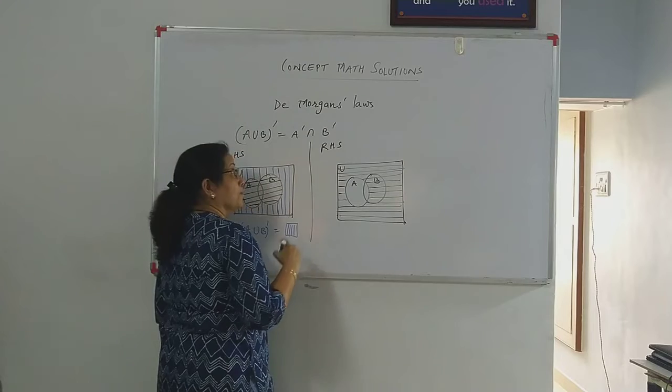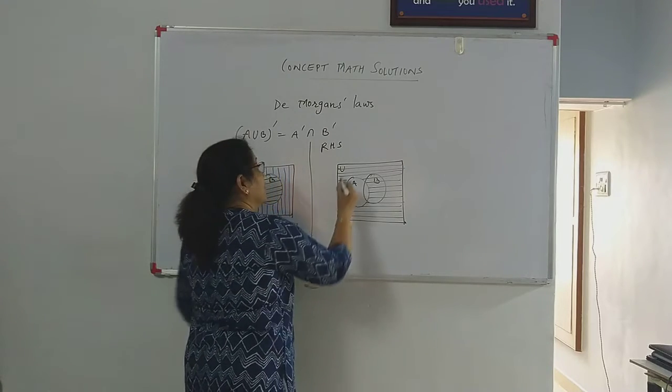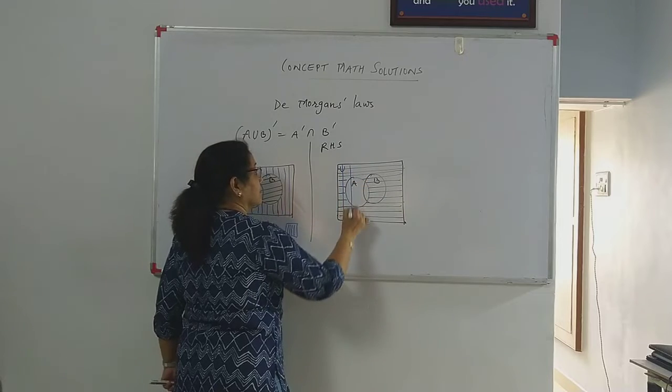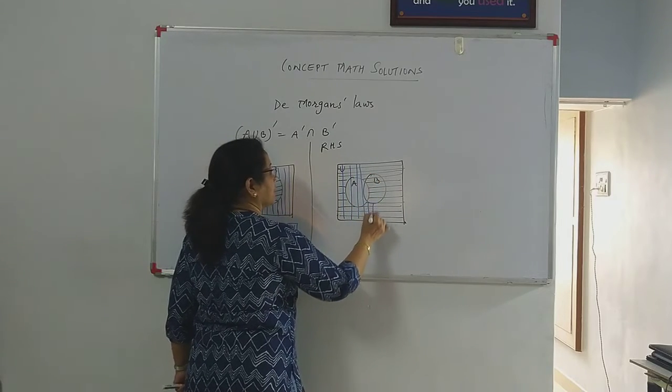And then B dash, everything except B. So B dash would be this. The vertical blue lines would be B dash.